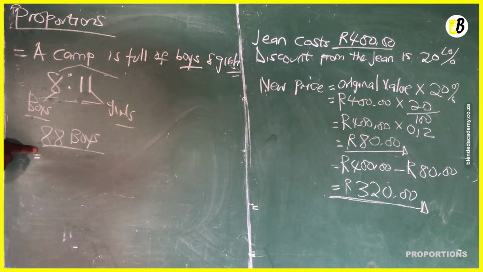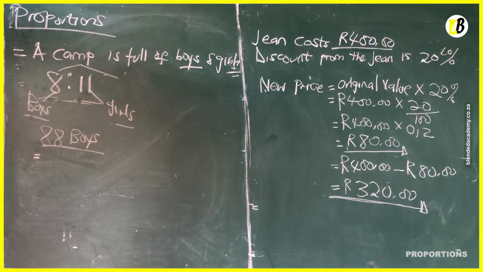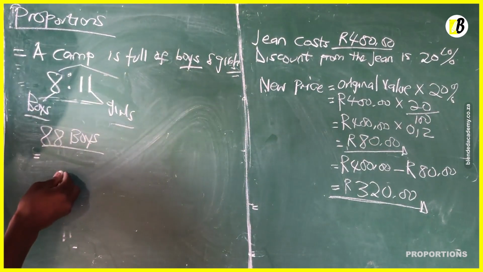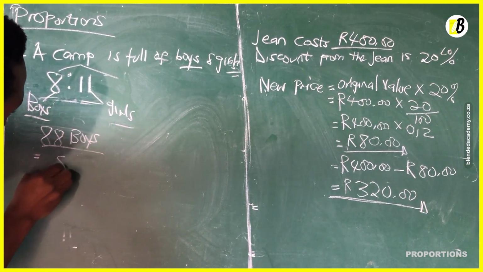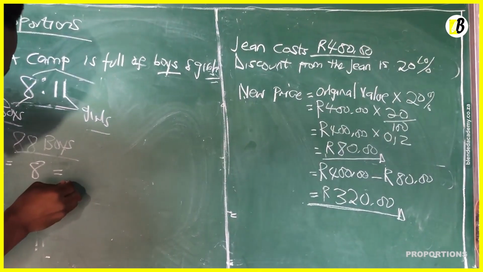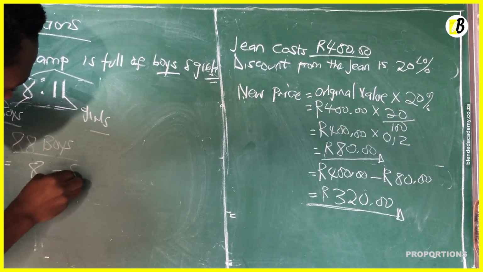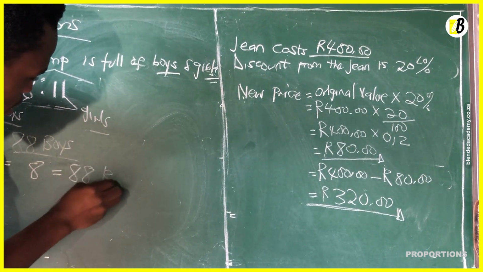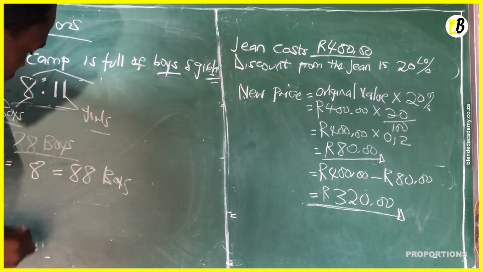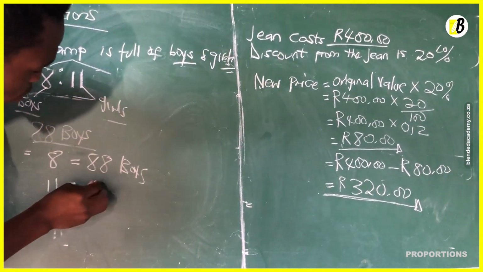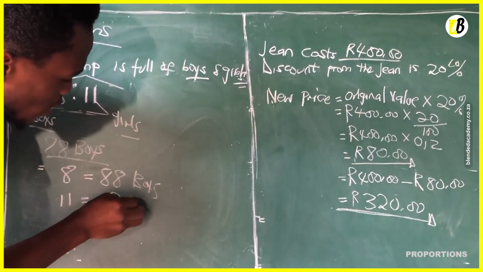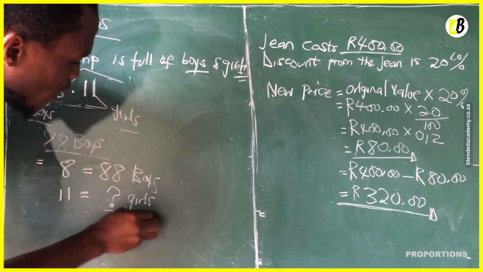And then they're saying that there are 88 boys in the camp. So let's see if we can work that out. So what we're going to do is say 8 is equal to 88 boys, right? And then 11 is equivalent to how many girls? We're trying to find girls now.